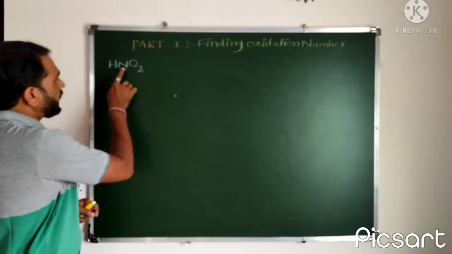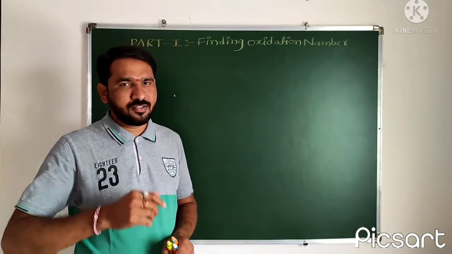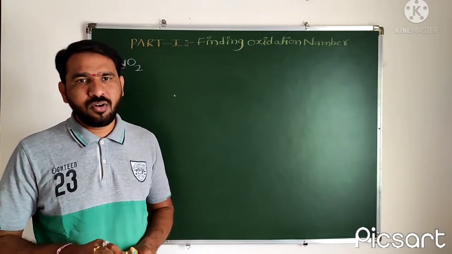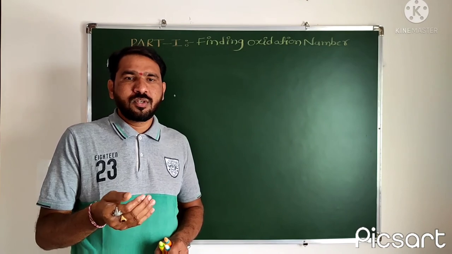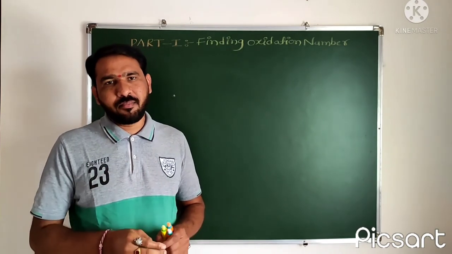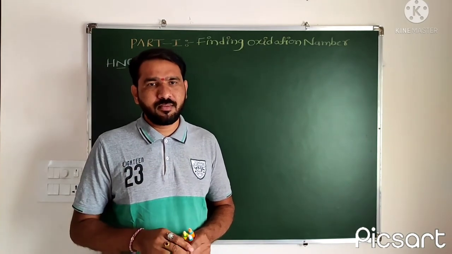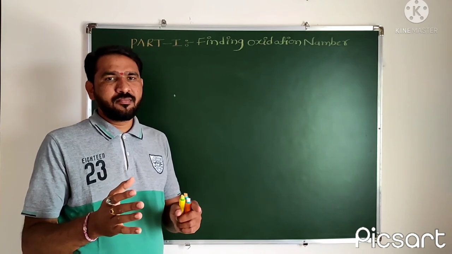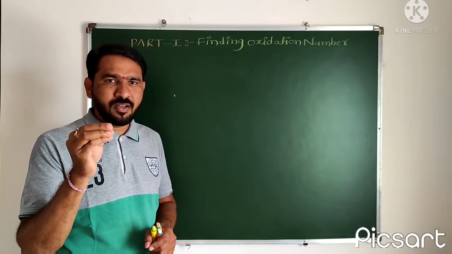Nitrogen is less electronegative than oxygen. So among the atoms present in the molecule, the more electronegative atom shows a negative oxidation number, and the less electronegative atom shows a positive oxidation number. Based on that fact, the sign of the oxidation number will be decided.